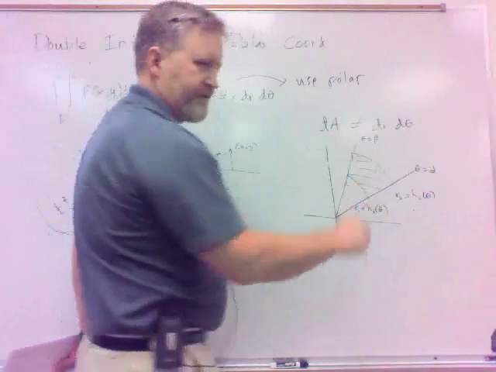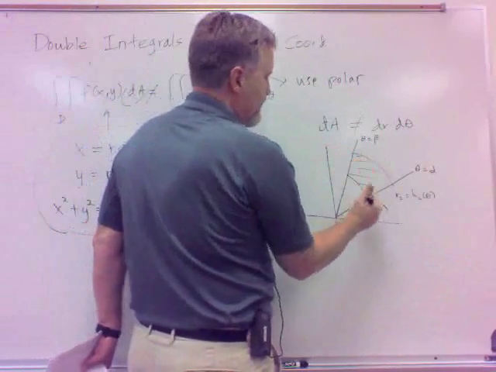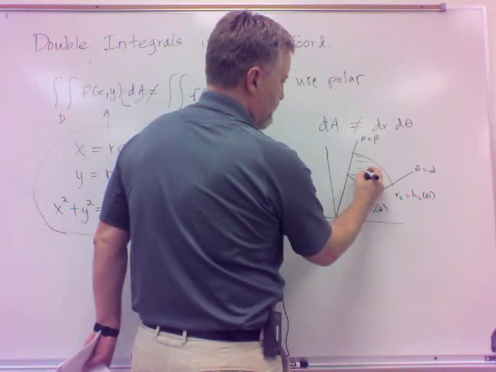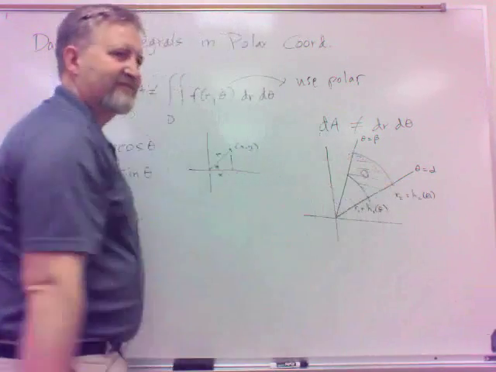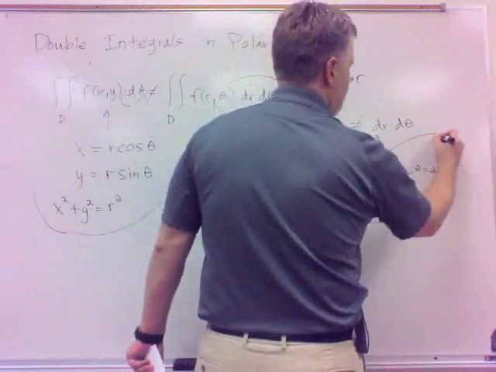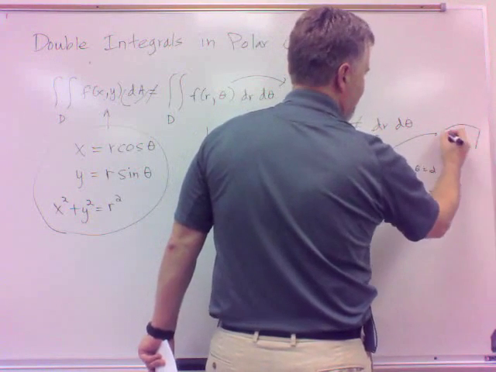Okay. So here's the conversion. In Cartesian, we divided that up into nice little rectangles, but when we divide it up in polar coordinates, we don't quite get rectangles. We get these little pieces, kind of curved. So we get not quite rectangles.